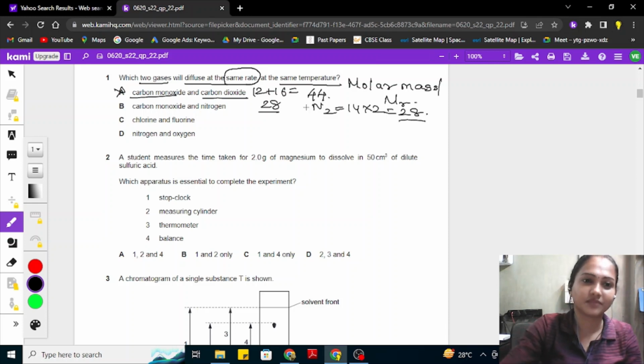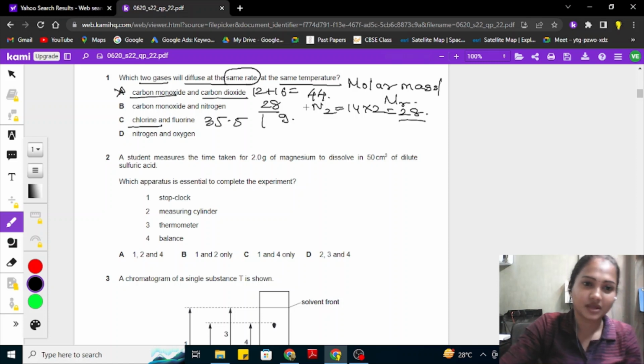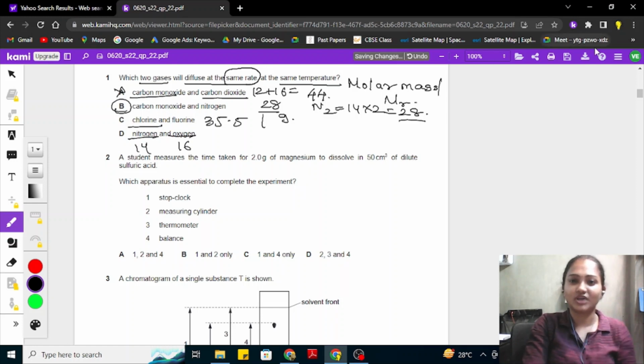Oh, this is the same. Chlorine 35.5 and fluorine is in the second period, so fluorine has 19, it is not. Nitrogen 14, oxygen 16. So here we have the answer, option number B.